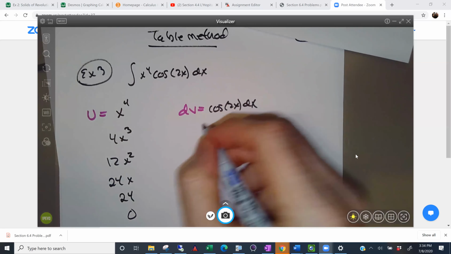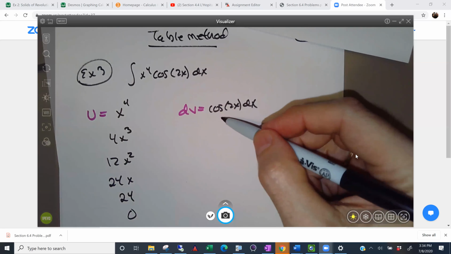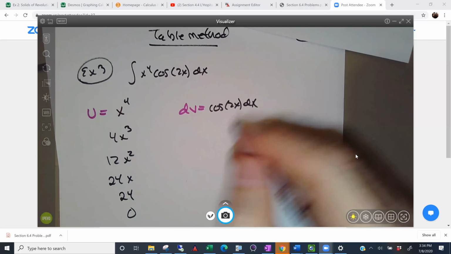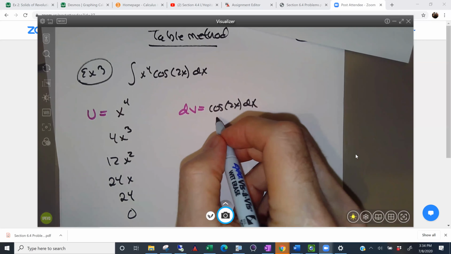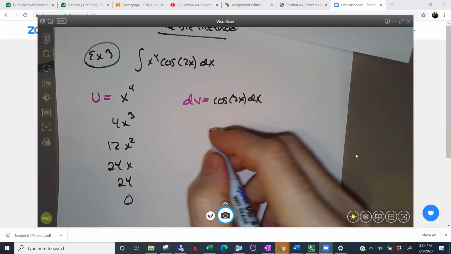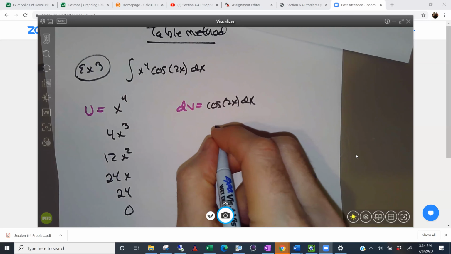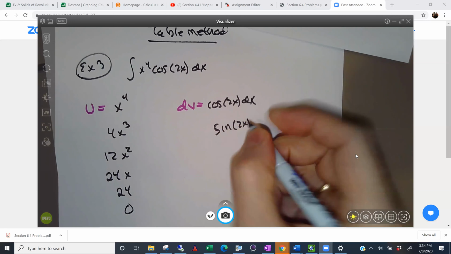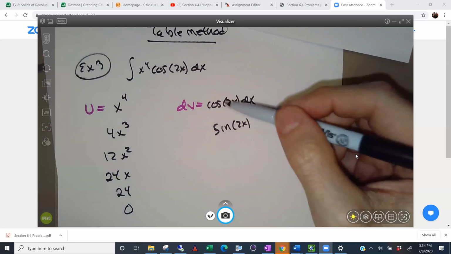For that, I'm going to need some antiderivatives going this way. So let's think about the antiderivative here. I know it's going to be a sine of 2x. It's going to have to include sine. It's going to bounce back and forth.